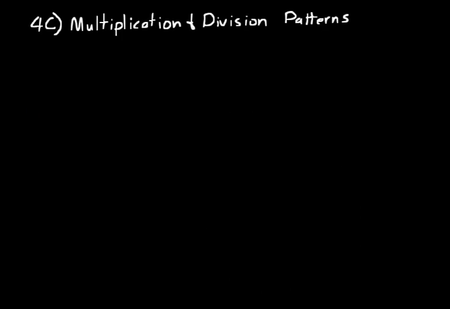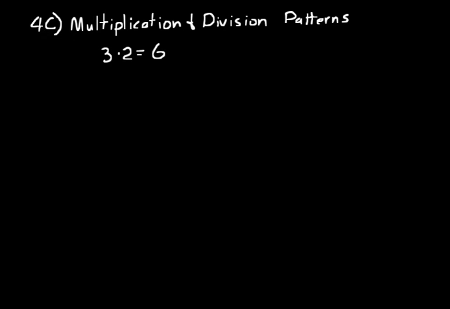Let's look at the last part of this lesson on multiplication and division patterns. Now, we just did addition and subtraction patterns in lesson 3, and we started that by discussing addition and subtraction as inverse operations. In the same way, multiplication and division are inverse operations. Like if we had 3 times 2 equals 6, we could get back to that 3 by doing a division.